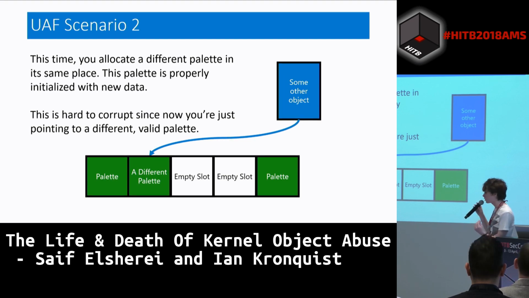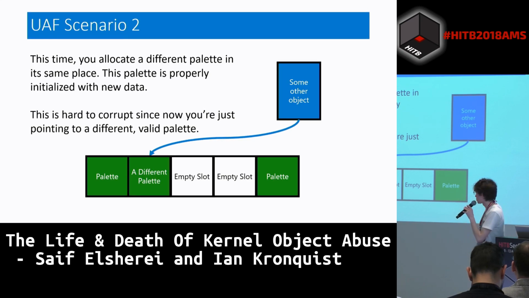So let's say you try and use Saif's technique now. Well, there's still a valid palette at the other end. So you're trying to write via a pointer in the palette, you're still pointing to valid data which is in use and properly initialized. So even though you're pointing to the wrong palette, it's still a legit one.